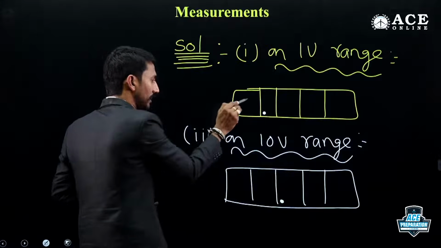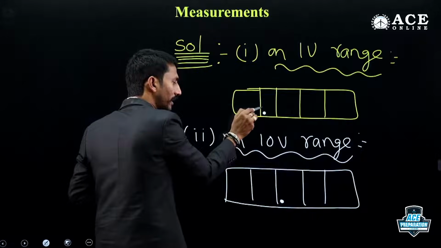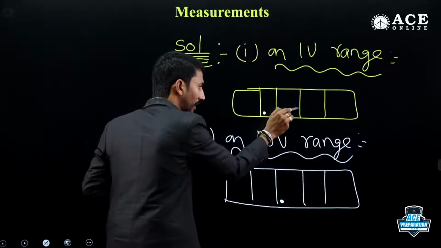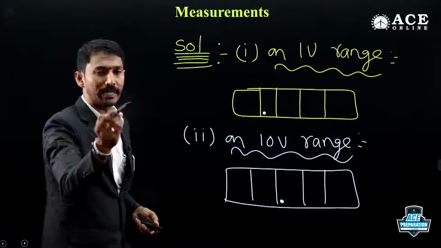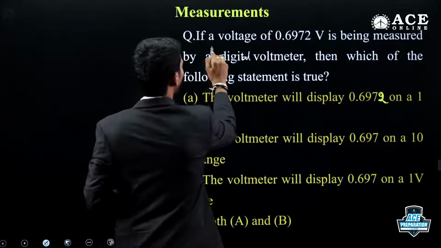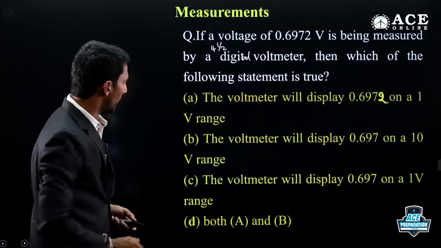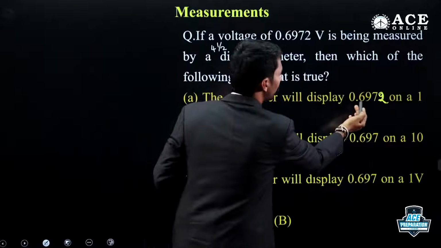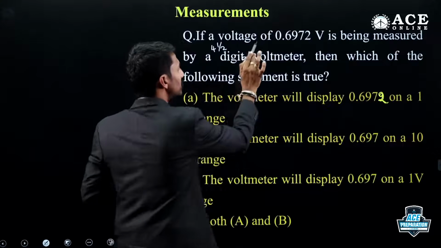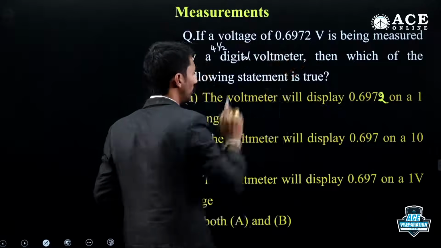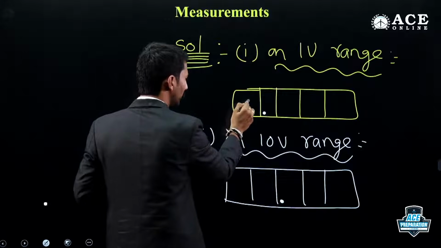With this direct step we can save a lot of time. This is the 1 volt range, 10 volt range, 100 volt range, 1000 volt range. But actually it is missed in this typing of 4.5 digit. Okay, now which number will the voltmeter display? 0.6972. Yes, it fits perfectly in this.